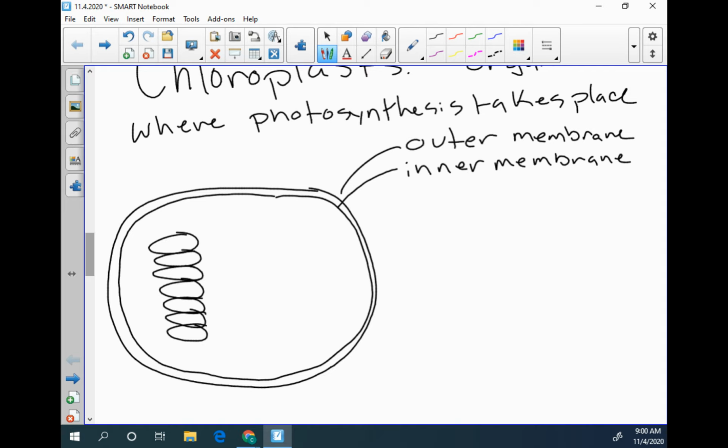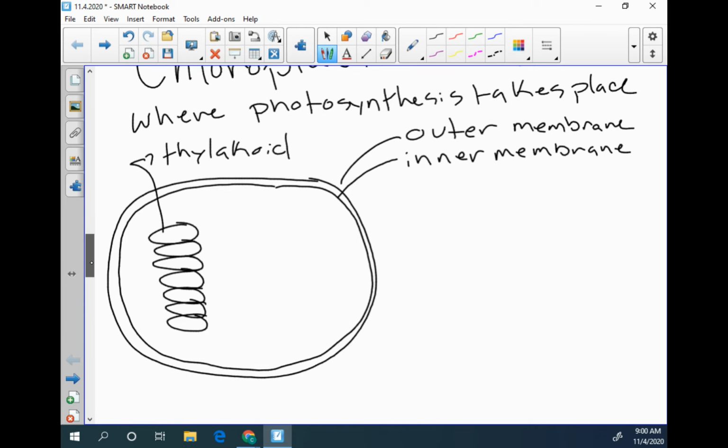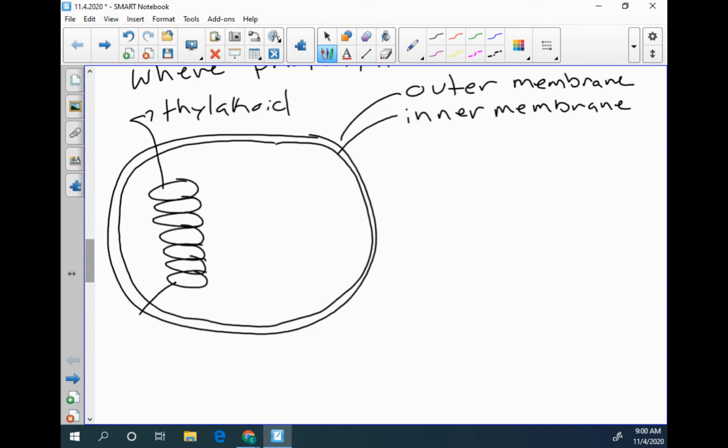So each one of these little circles is a thylakoid. And the membrane that makes up the thylakoid is called the thylakoid membrane.